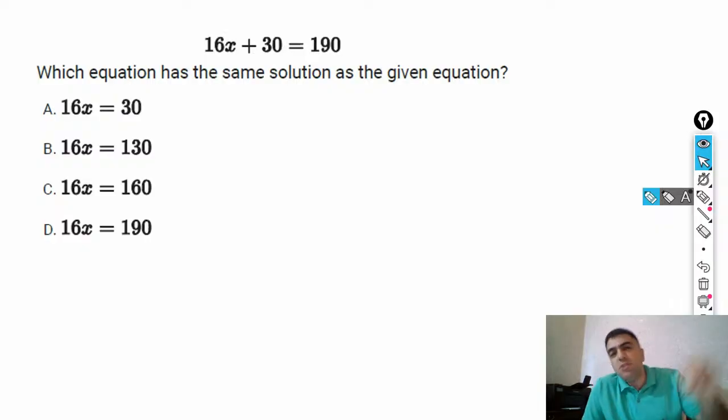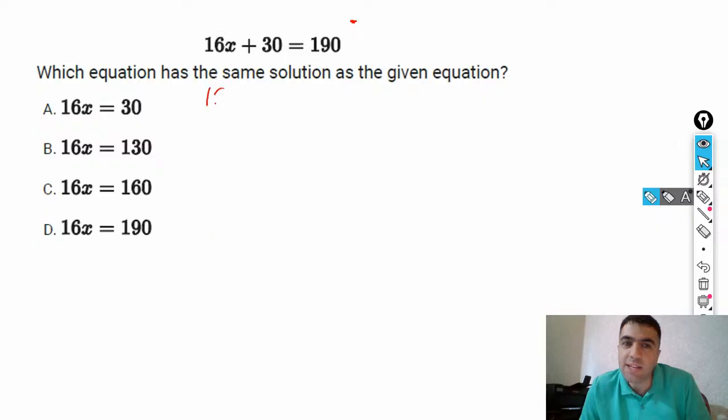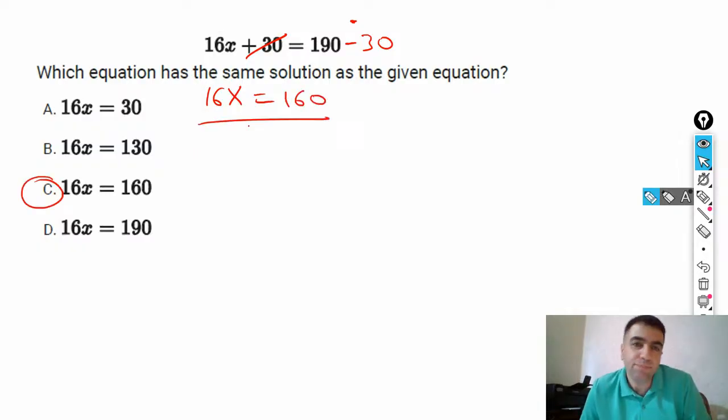Guys, we don't have to solve this equation, right? We should see the 16x is equal to, in the left side, if it is plus, at the right side, we should write minus 30 is equal to 160. So we see that this is C. These two equations have the same solution, okay?